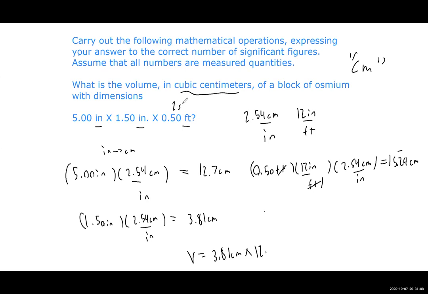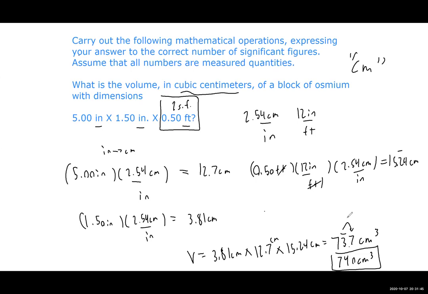Keeping in mind that this is a multiplication operation where our least precise input has 2 sig figs. So punching this into our calculator, that in turn gives us 737 centimeters cubed, which we round to 2 sig figs, or 740 centimeters cubed. Does this make sense to everyone?